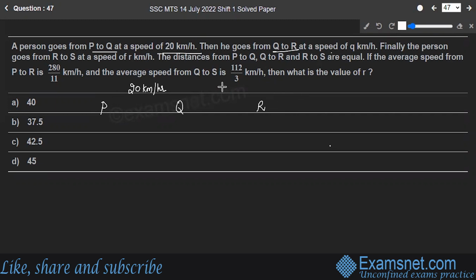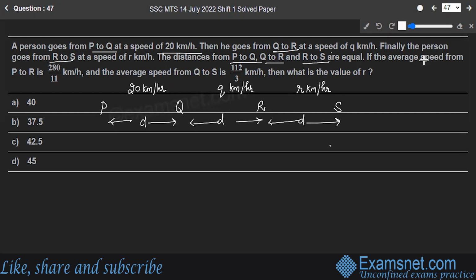So here is R and over here it's going at the speed of Q kilometers per hour. Finally, the person goes from R to S at the speed of R kilometers per hour. So here is S and the speed in this case is R kilometers per hour. The distances from P to Q, Q to R and R to S are equal. So these distances are equal. I'm assuming them to be D.